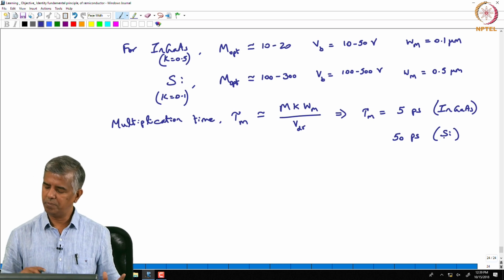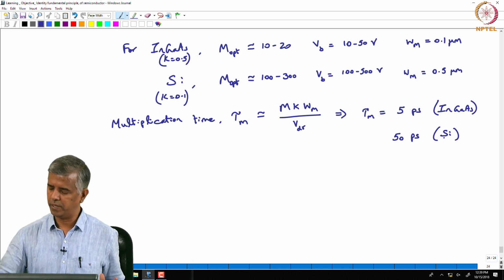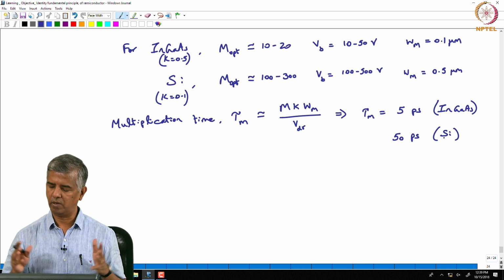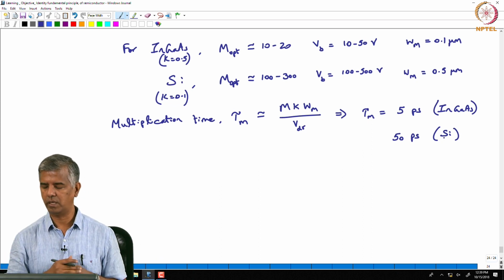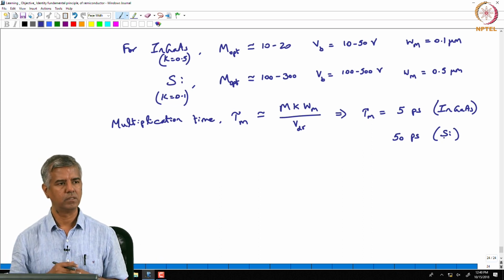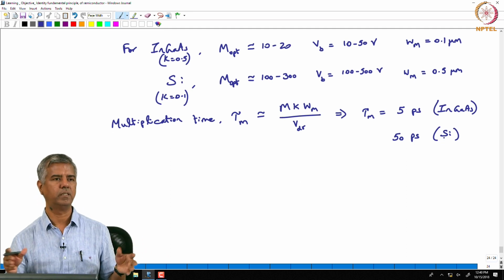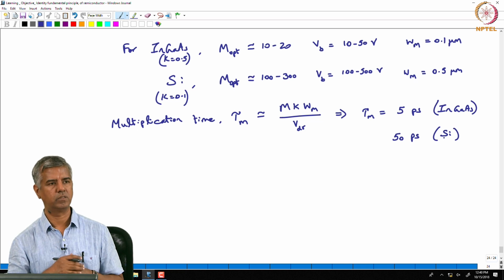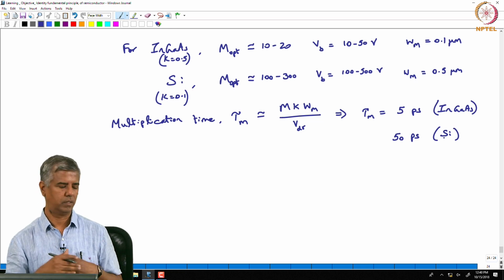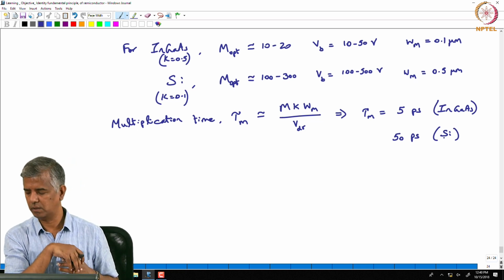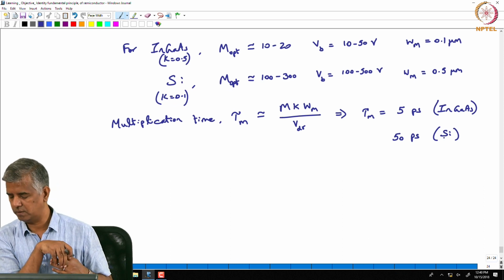That is understandable because in silicon you have many more multiplicative events, and you also have to traverse a longer distance across the multiplication region, because the impact ionization coefficient is lower.